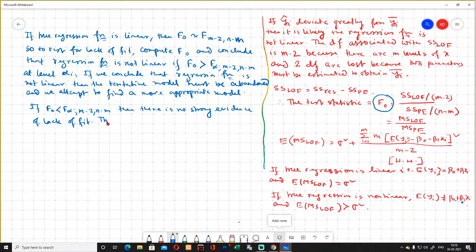Then MS due to pure error and MS due to lack of fit are often combined to estimate sigma square.